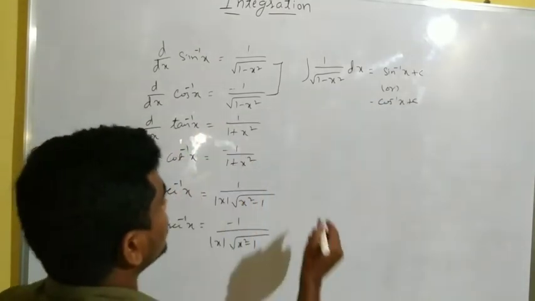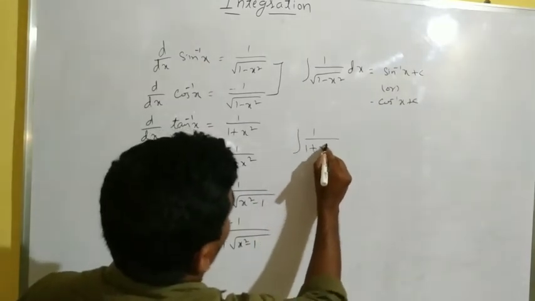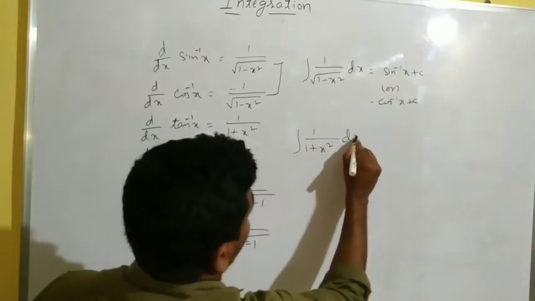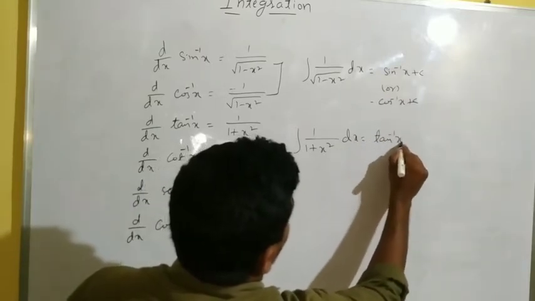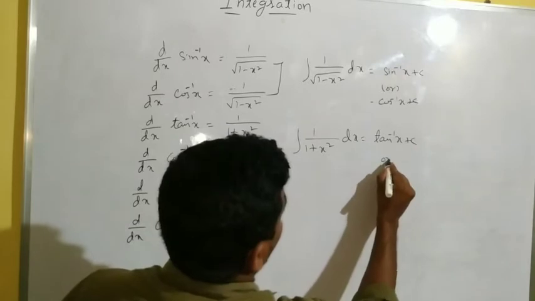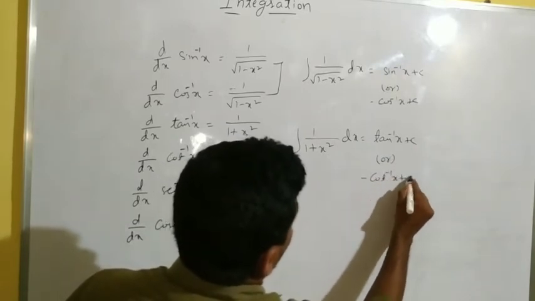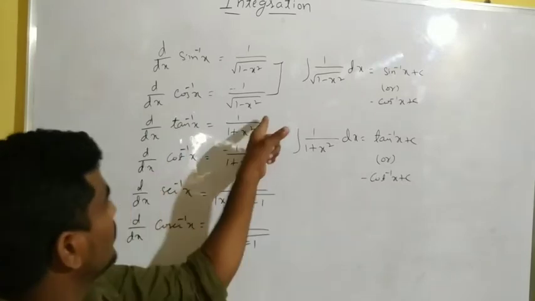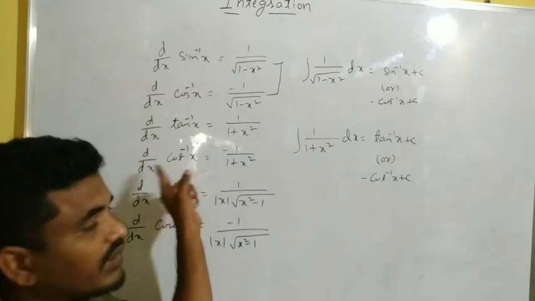Similarly, we can write for these also: integration of 1 by 1 plus x square dx equals tan inverse x plus c or minus cot inverse x plus c. For this one, plus and minus is there, that's why we get tan inverse and minus cot inverse.